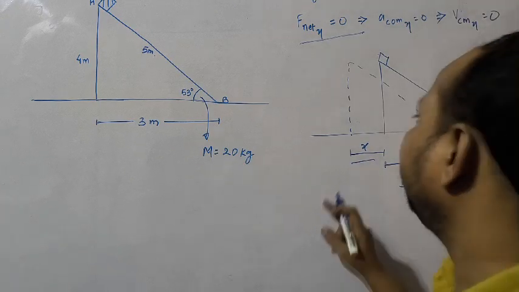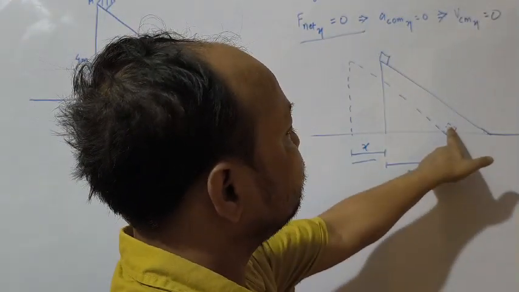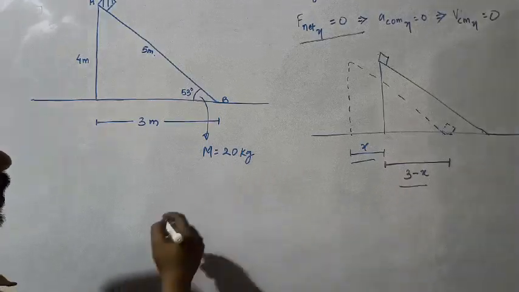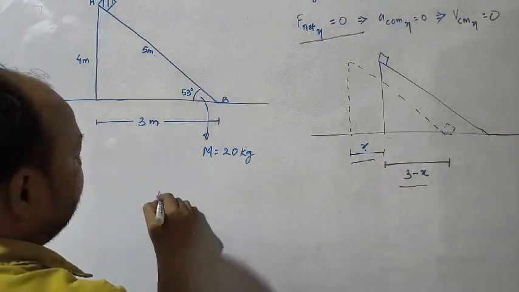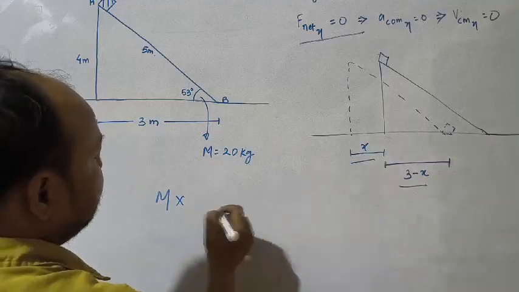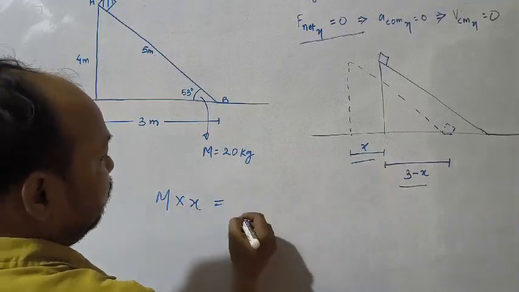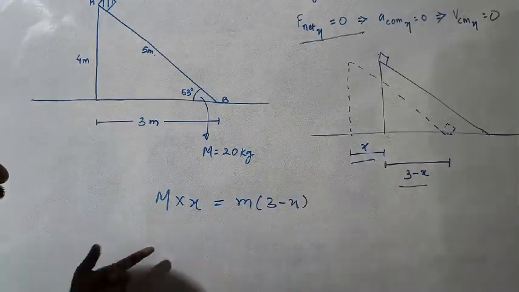So what we can write, mass of wedge into this x is equal to mass of block into this, simply, okay. So what we can write, mass of wedge capital M into x is equal to mass of small block into 3 minus x. Simple, just putting the value.